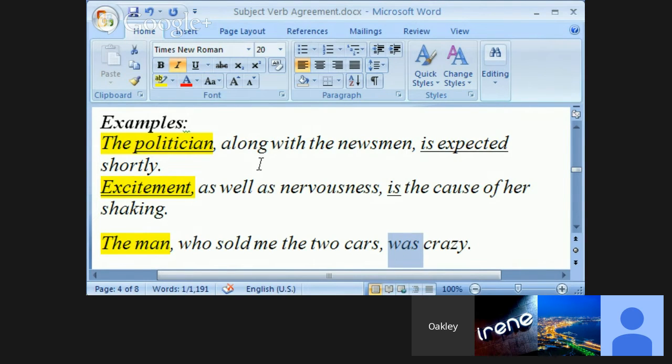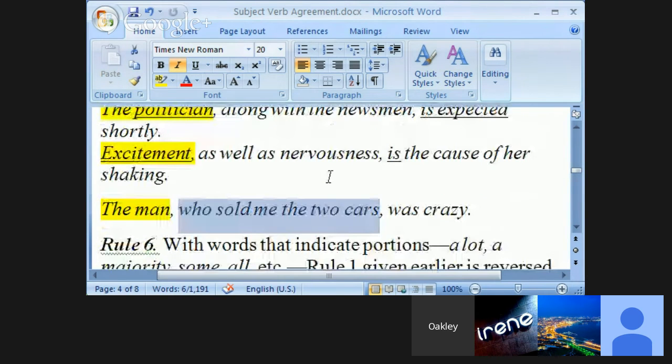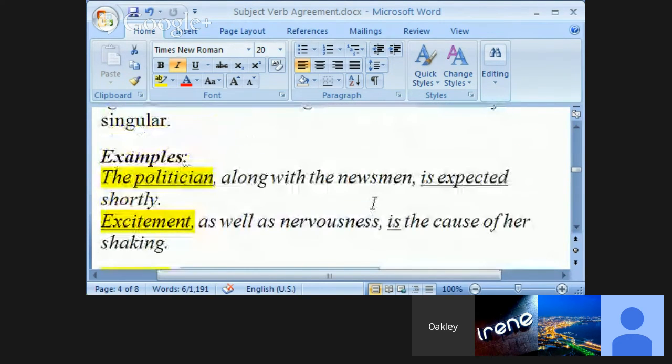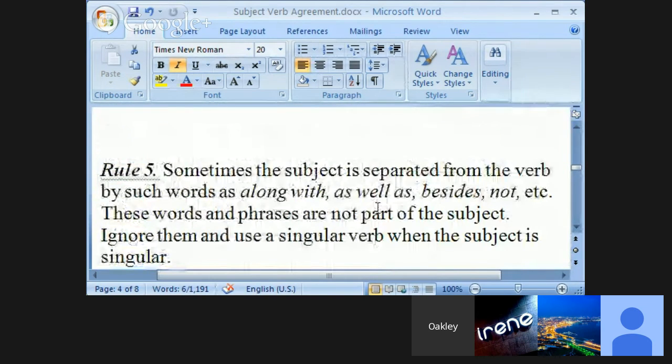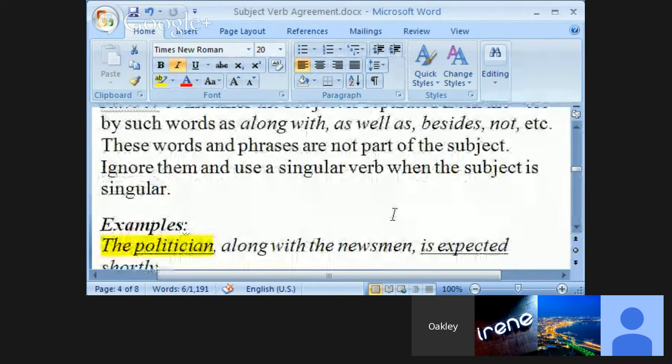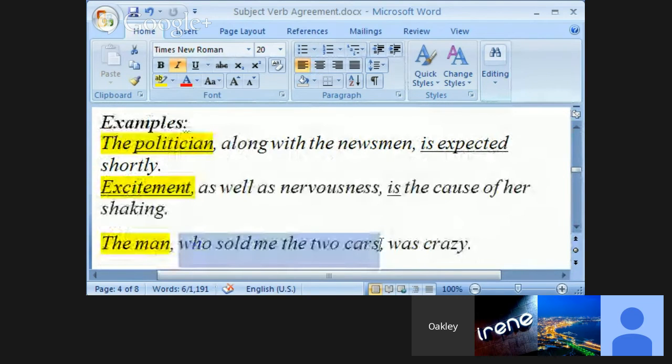So this happens with some of these adverb phrases, and it happens with relative clauses like this. This is fairly common, so don't get confused by that. All right, and actually this is one that frequently I have students make mistakes on, especially with these relative clauses for some reason.